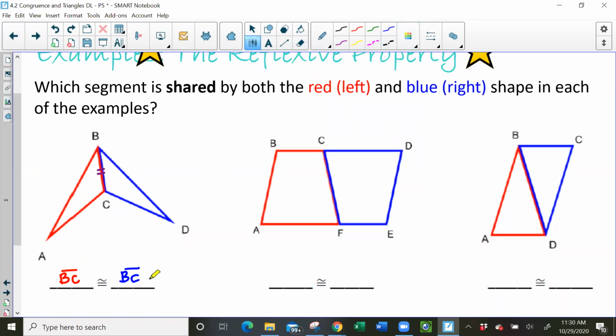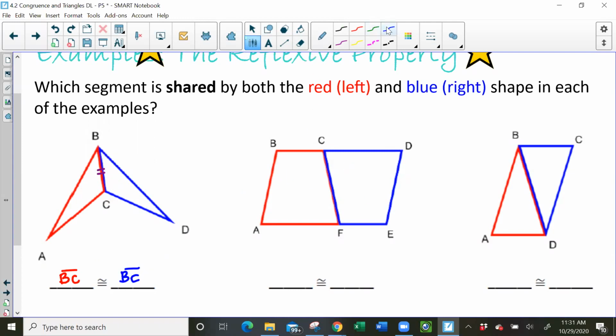So BC is congruent to itself, BC, that's the reflexive property. When you're doing a proof, if you're trying to prove that these triangles are congruent, you would need to prove that the corresponding sides and angles are congruent. These two sides by the reflexive property are congruent to each other.